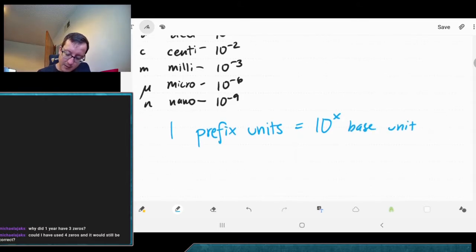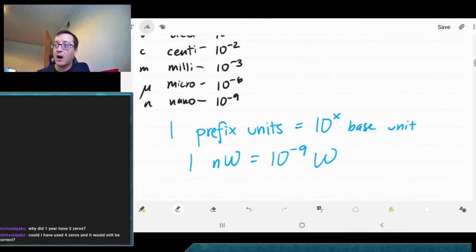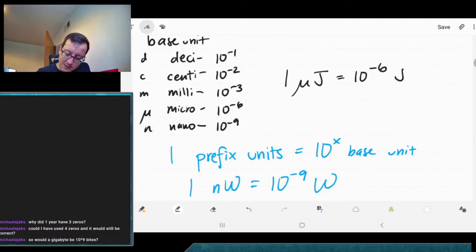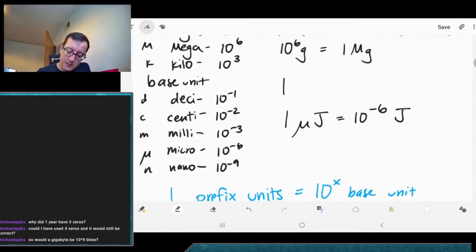And so we might say 1 nanowatt is equal to 10 to the minus 9 watts, for example. Or 1 microjoule is 10 to the minus 6 joules. Absolutely. 1 gigabyte equals 10 to the 9th bytes.